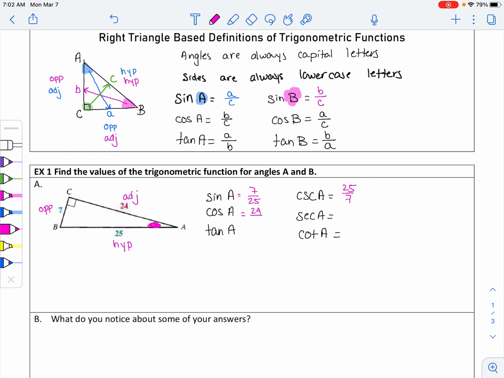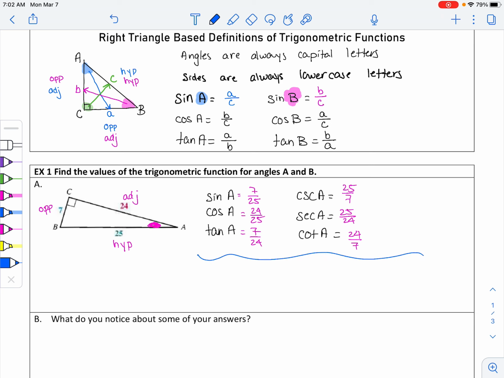Cosine is adjacent over hypotenuse, so 24 over 25. Flip that fraction for its reciprocal, secant. And tangent is opposite over adjacent, so 7 over 24, and flip that fraction for its reciprocal.